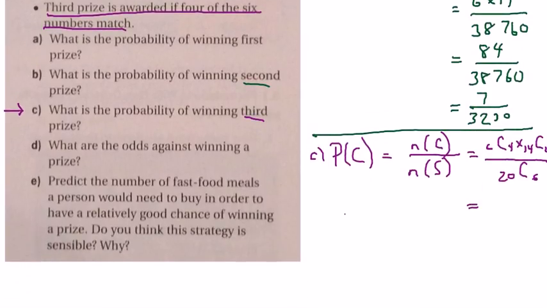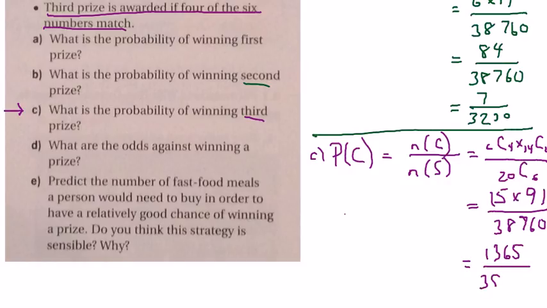And so 6 choose 4 is 15, and 14 choose 2 is 91, over 38,760. There are significantly more ways that this can occur. 1365 over 38,760.